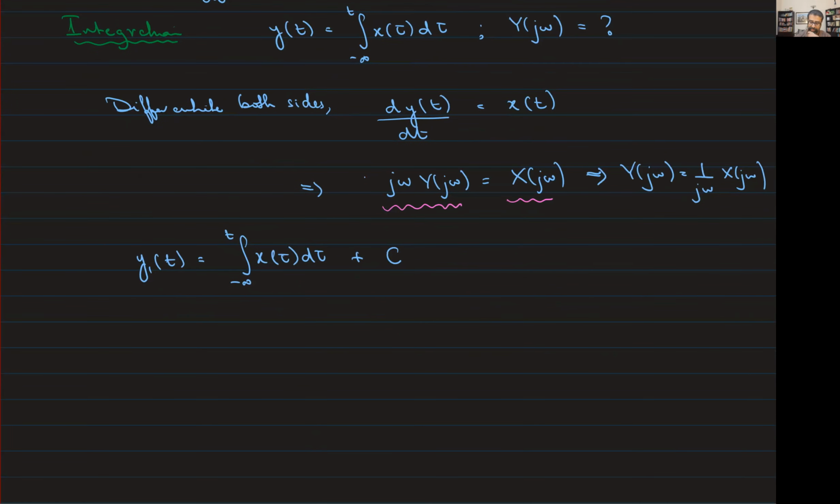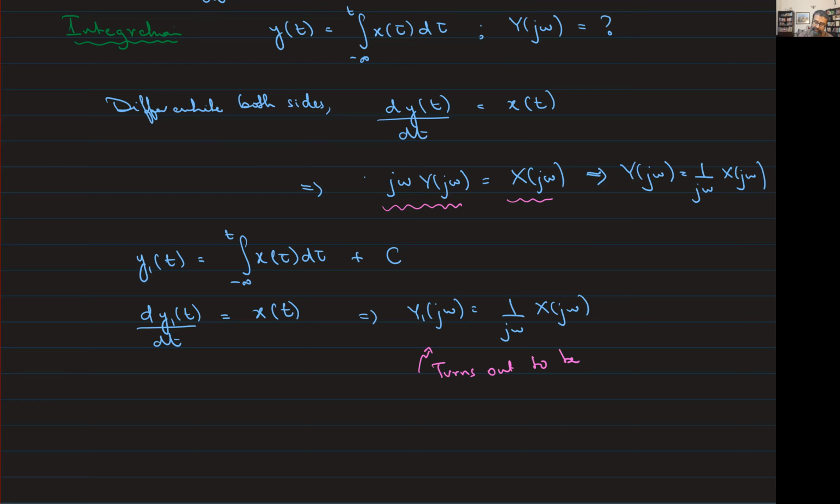In this case, we find that dy1 of t divided by dt turns out to be equal to x of t once again. And therefore, we say that y1 of j omega turns out to be equal to 1 upon j omega, x of j omega, which turns out to be the same as y of j omega.